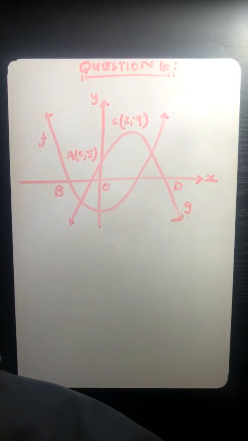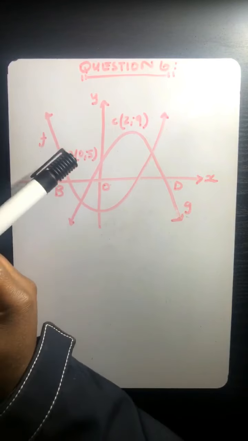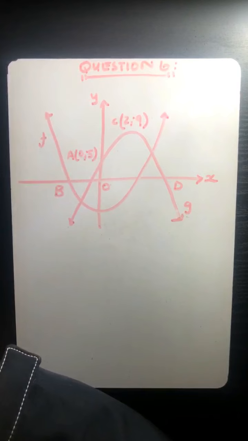The turning point of G is point C, having the coordinates (2; 9). And the y-intercept of G is at point A, where your x is 0 and your y is 5.